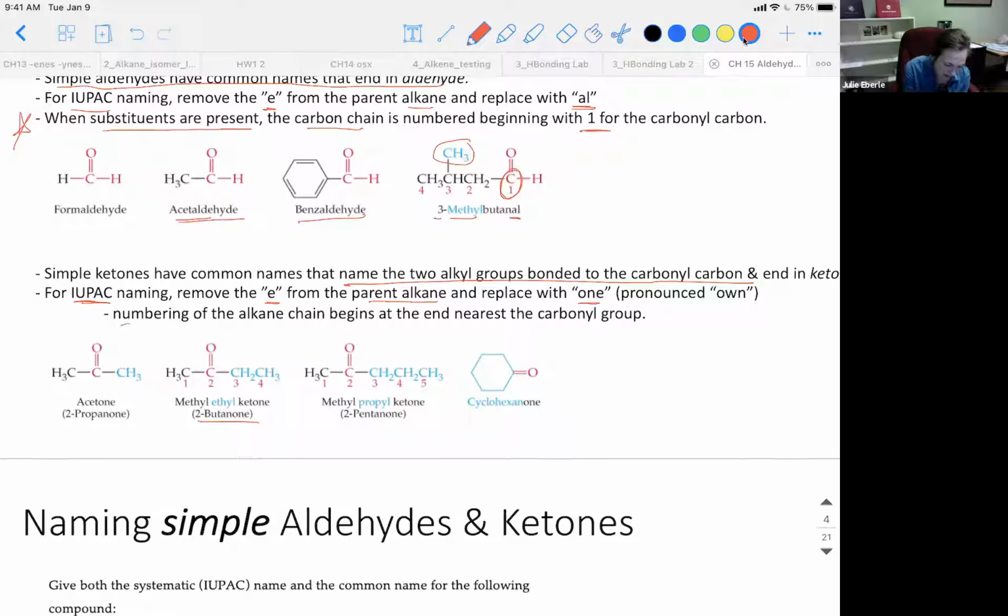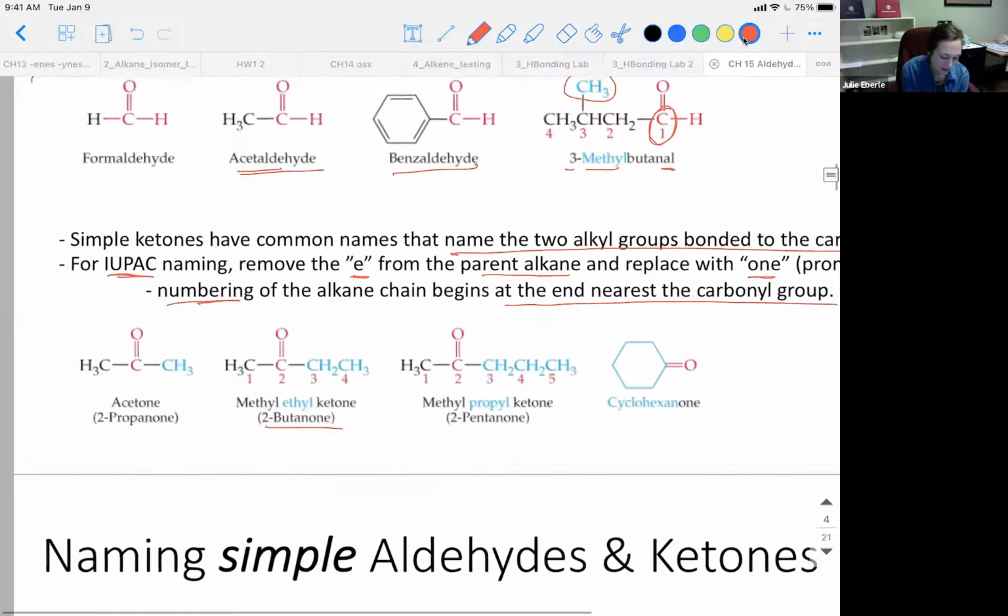And the numbering this time of the alkane chain begins at the end nearest the carbonyl group. So that carbonyl carbon isn't always number 1, because ketones are internal. Aldehydes are terminal. Ketones are internal, so we start at the end closest to the ketone functional group and give that carbonyl carbon the lowest index number possible.